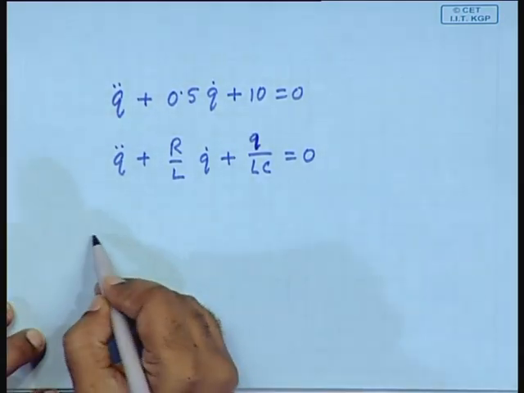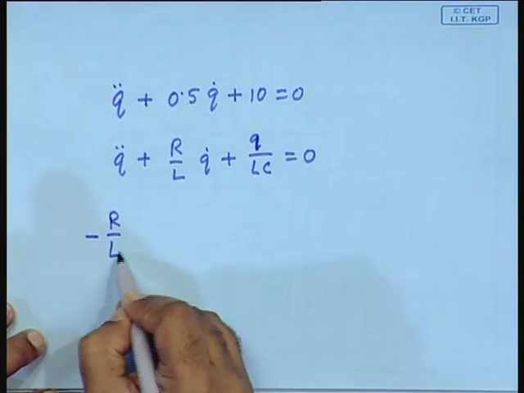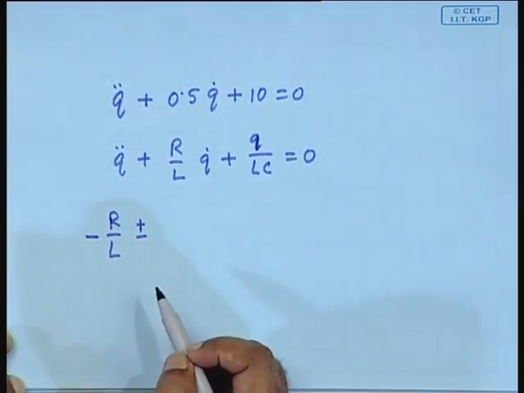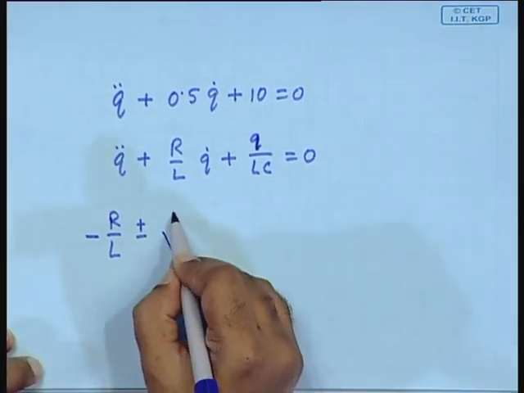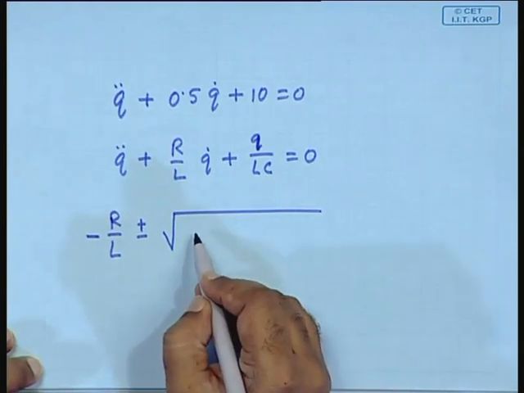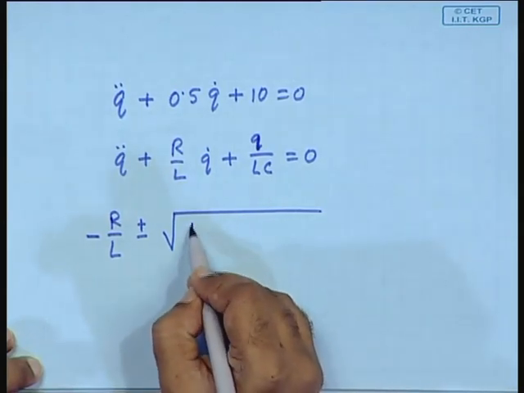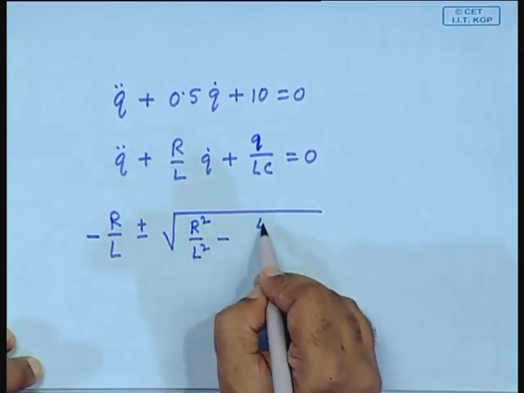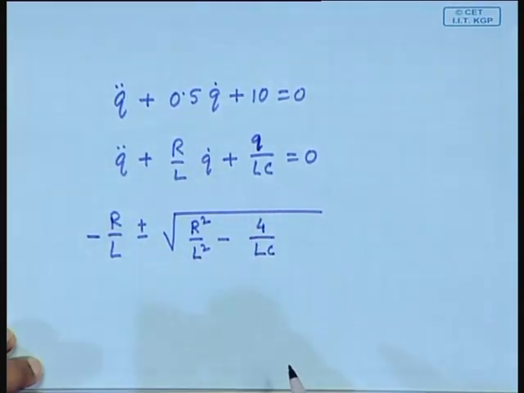It will be minus R by 2L plus minus root over, is that right?